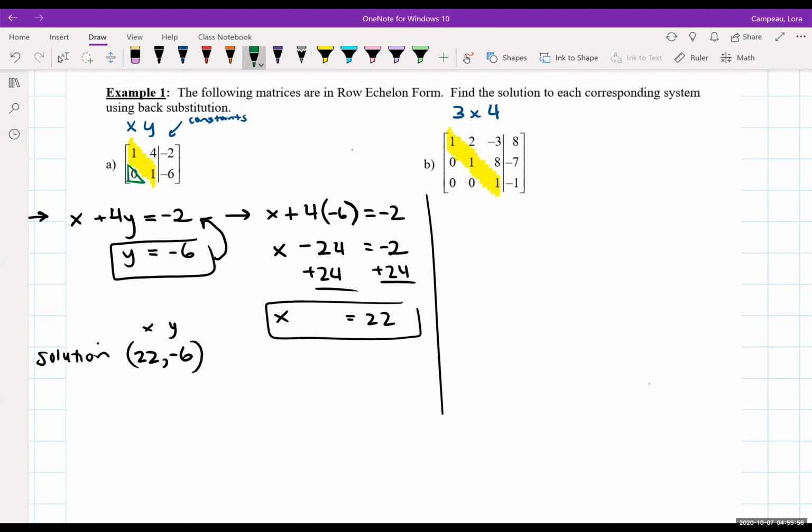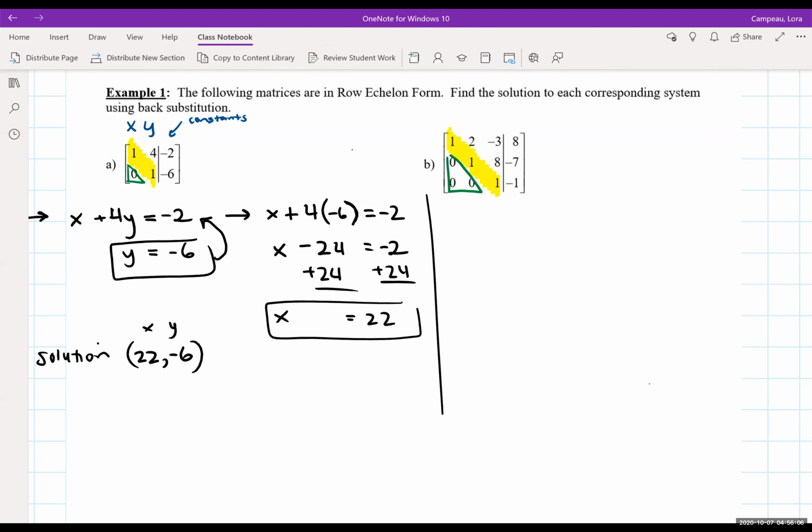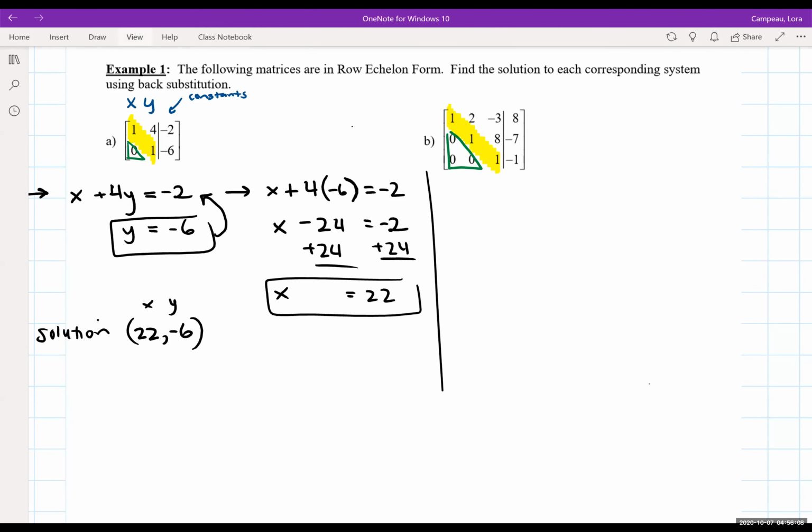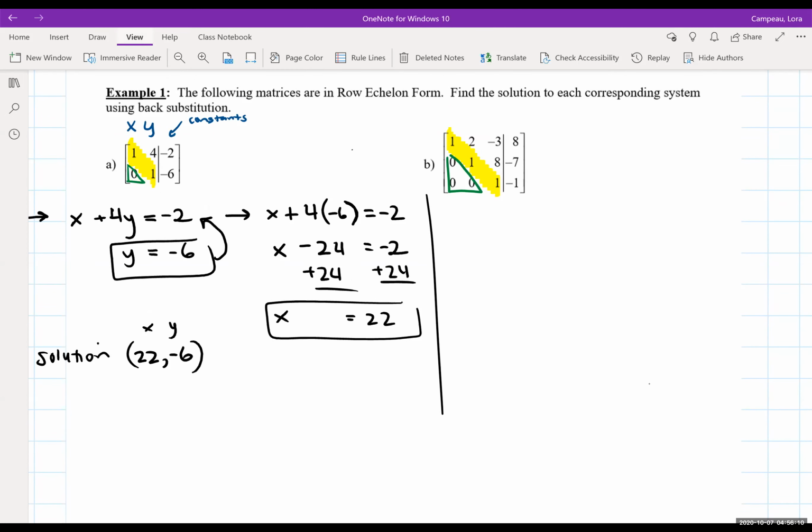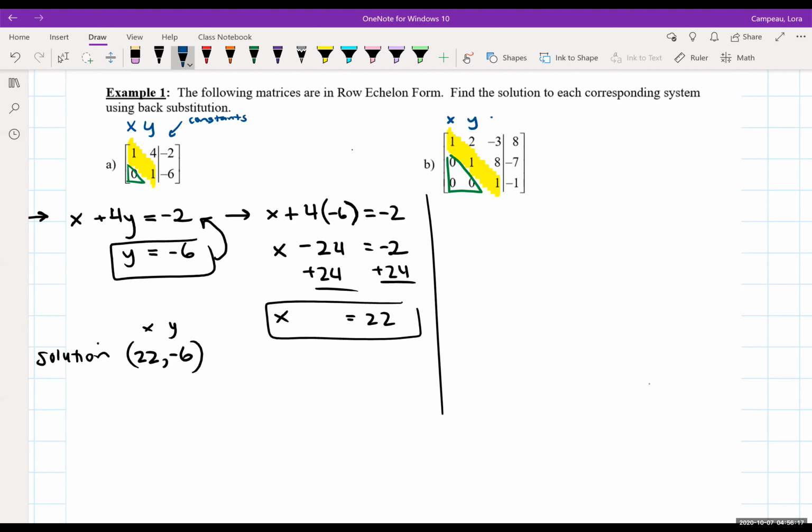And again, there is a lower left triangle of 0s. So we'll go through and remember, we're going to write the corresponding linear system of equations, reminding ourselves that we do have an X column that comes first, a Y column, and then this time a Z column. And again, we have the column of the constants.